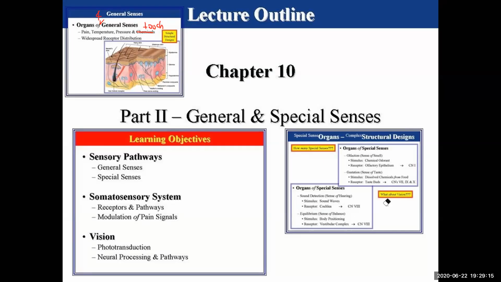Almost half of the most intelligent part of our brain, the cerebral cortex, 40% of it is dedicated to deal with visual information. So with that said, vision is the single most important among the 5 senses.